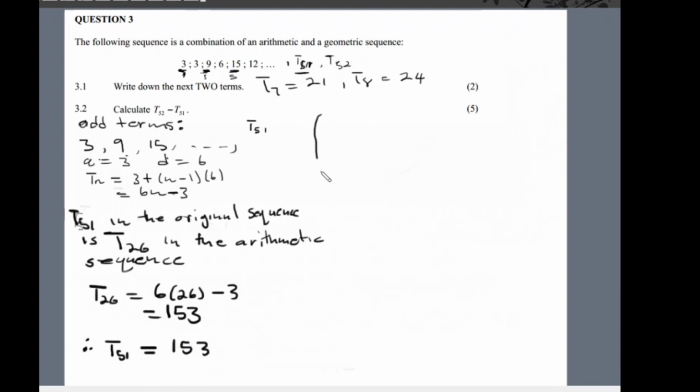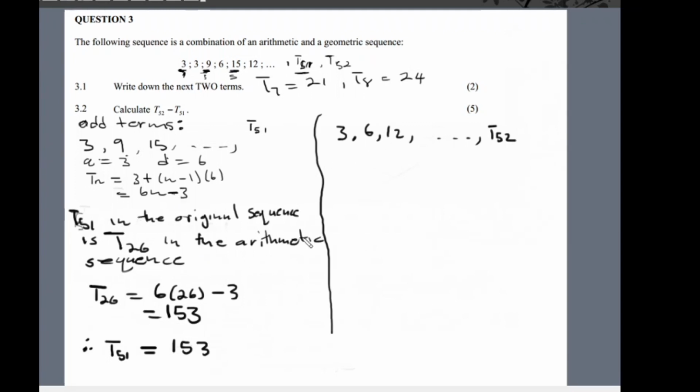And then now we go to the geometric sequence. The terms of the geometric sequence are these ones. It's 3, it's 6, it's 12, all the way to term number 52, right? And then to get the value of term number 52, the same story applies with the geometric sequence.